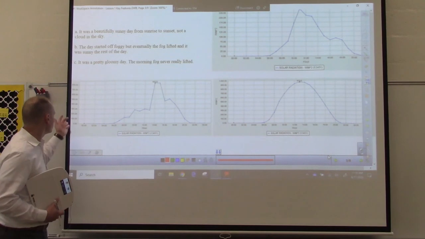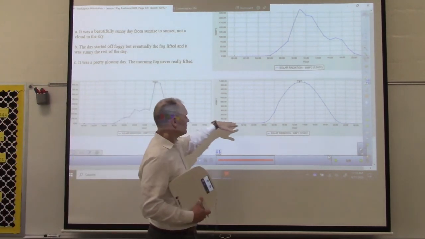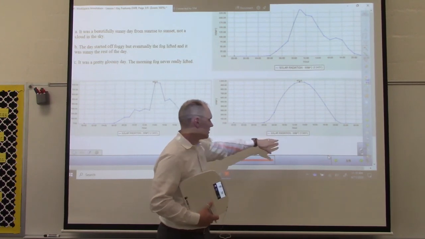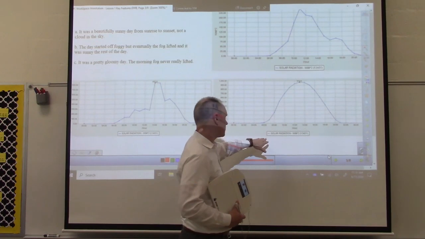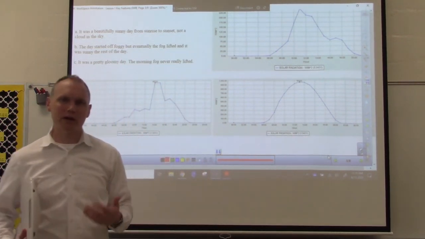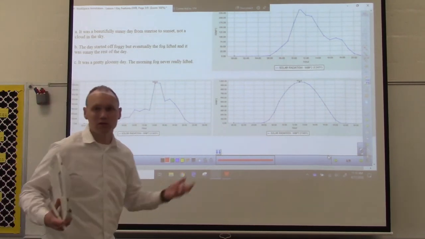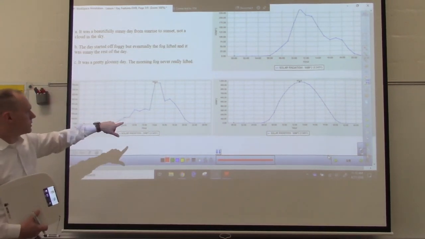And let me kind of show you these graphs here. So basically these graphs, it says W/m squared, and that's the solar radiation. Basically it's how much sun these solar panels are absorbing. So basically it's how much sun is out. And so you can see the 3 graphs here.